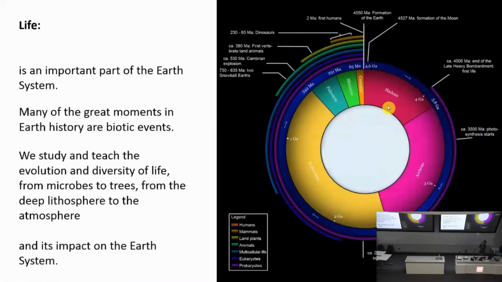So life on Earth is just completely inseparable. Many of the important events, great moments in the history of the Earth are biological ones. For example, the beginnings of photosynthesis and the great oxygenation crisis that occurred at about 2.3 billion years ago.